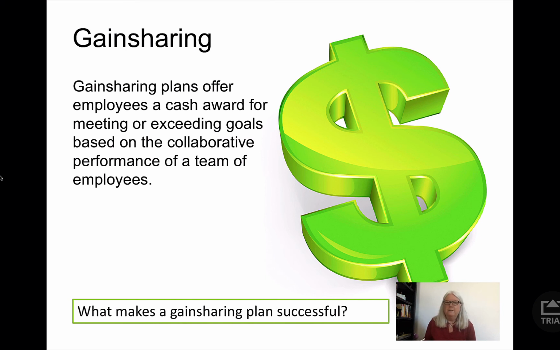And gain sharing is a plan where employees get some sort of a bonus or cash reward if they exceed some sort of goal set up by a team. So in other words, it's a group incentive program. It measures improvements in productivity, and then it gives some of that money back to employees.